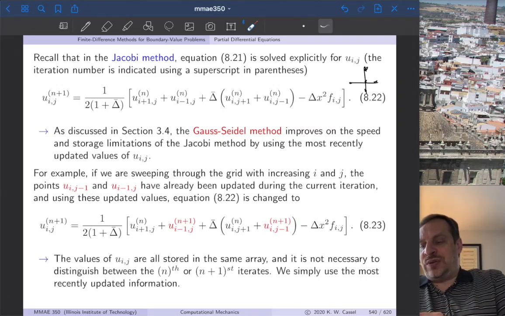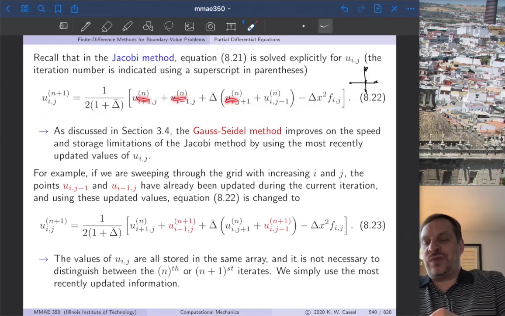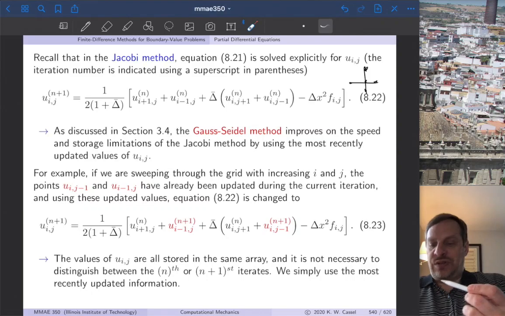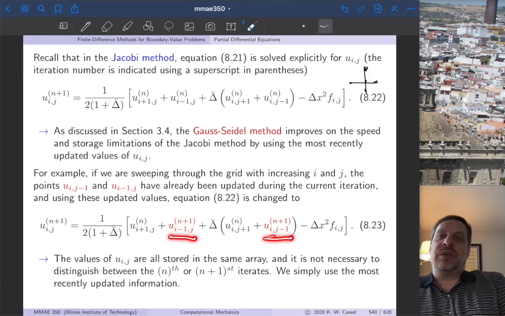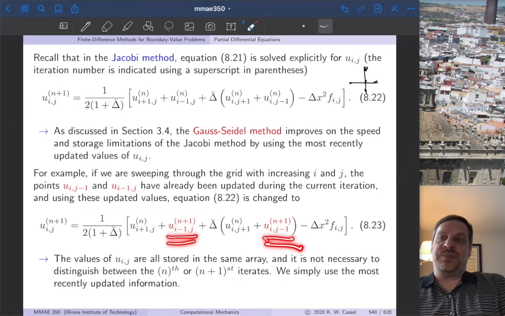So Gauss Seidel takes the same finite difference equation as we have here, but rather than just having all 4 of these on the right-hand side at the previous iterate, we recognize that the i minus 1j and the ij minus 1 values have already been updated, so we use the most recently updated information on the right-hand side. So it's the same equation as Jacobi, just using the most recently updated information as it becomes available.